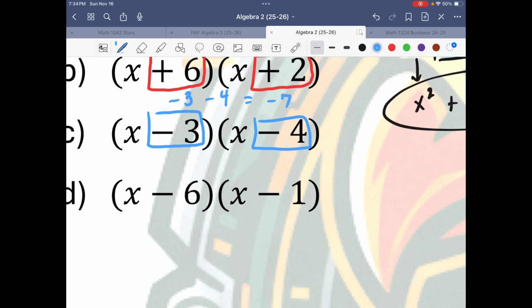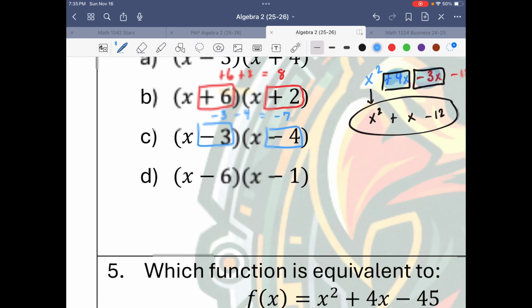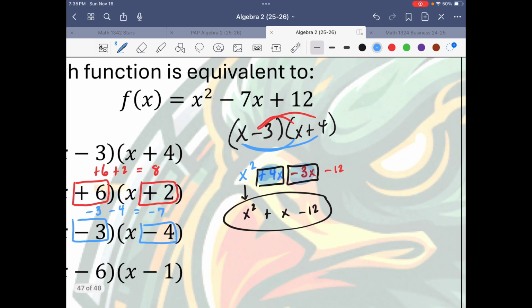It's like you're adding 2 negatives. You add 2 negatives, you add them and keep the negative sign. Okay? So negative 3 plus negative 4 is negative 7. And then you come back over here and you check. Is negative 7 what I need here in the middle? Yes, it is.